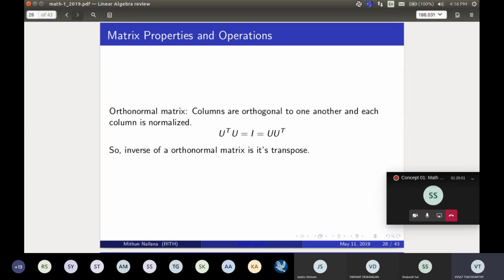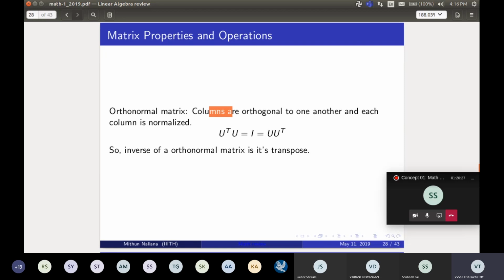And we have orthonormal matrices now. The two terms are ortho and normal. Ortho represents orthogonal, so they are perpendicular to one another; their dot product is 0. When you say normal, that gives you normalization, so its norm is equal to 1.